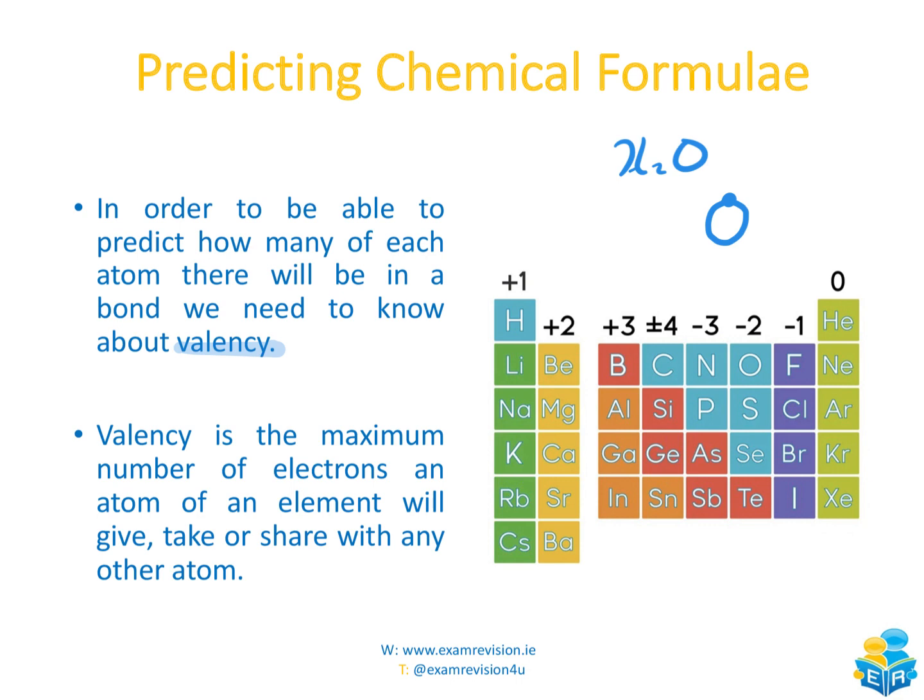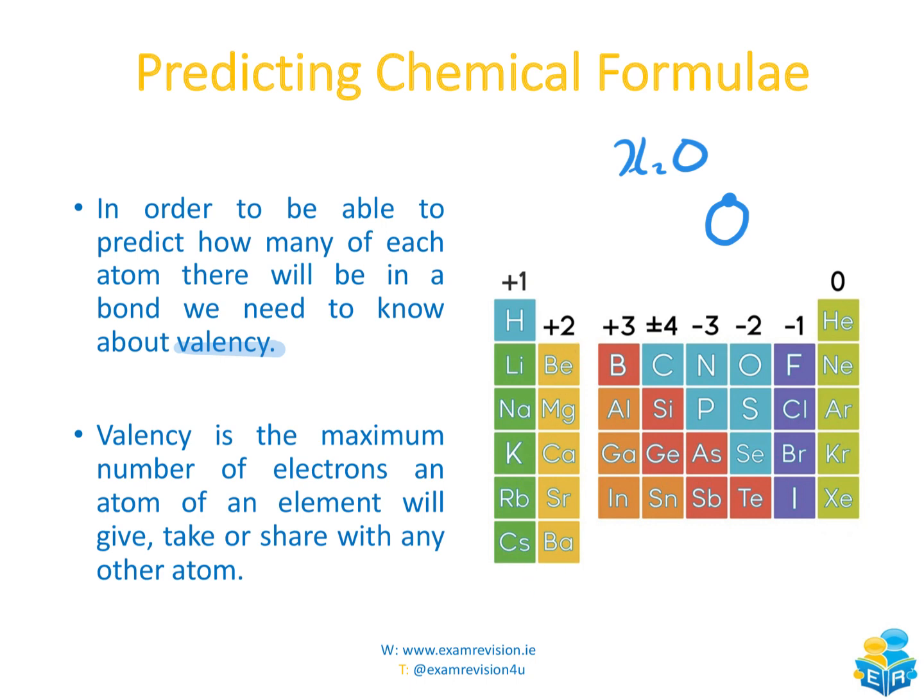If they were trying to get a full shell, is it easier for every element in group 1 to either get an extra 7 electrons to fill that outer shell, or is it easier for them to lose that 1 electron that's on their outer shell in order to get the full outer shell? Okay, it's a lot easier to lose 1 than it is to gain 7. Okay, that's why they have a +1, because if they lose that electron, they're losing a negative charge. They're only losing 1 of them, so that's why it gets a +1. They're losing a negative charge, so they're actually somewhat becoming more positive, if that makes sense.